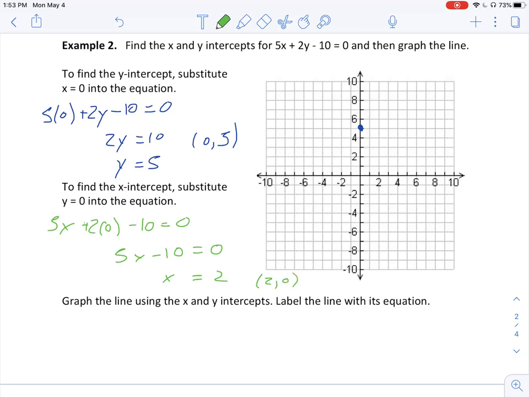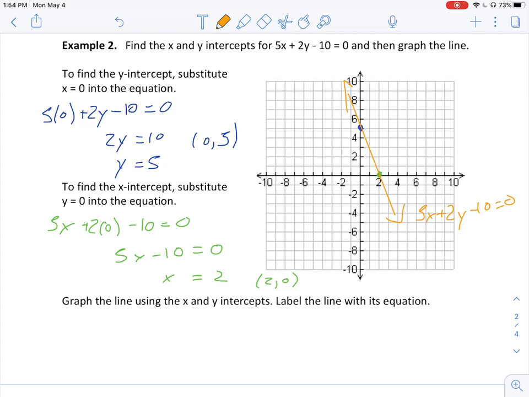So x is 2 and y is 0, which looks like that. And then graphing this line, I draw a line through those two points as best I can. So that would be the line 5x plus 2y minus 10 equals 0.